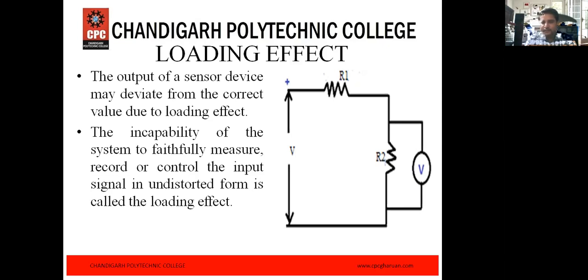But as we have put it in parallel with the R2, it will also make its internal resistance in parallel with the resistance R2. That effect is known as loading effect. The voltage that this voltmeter will measure will slightly deviate from its exact value or true value. That is the loading effect.